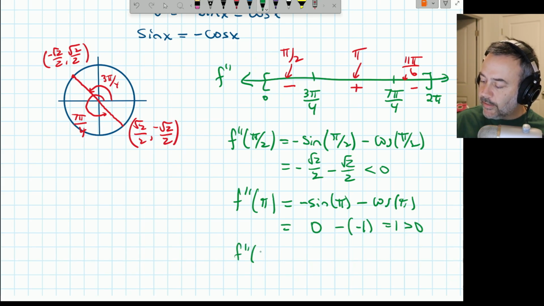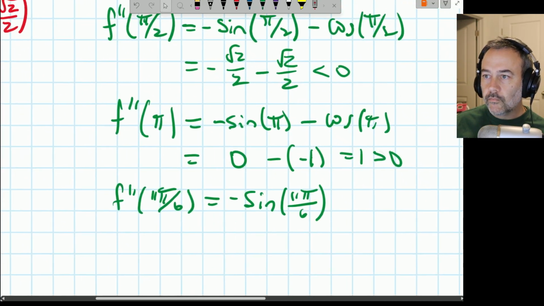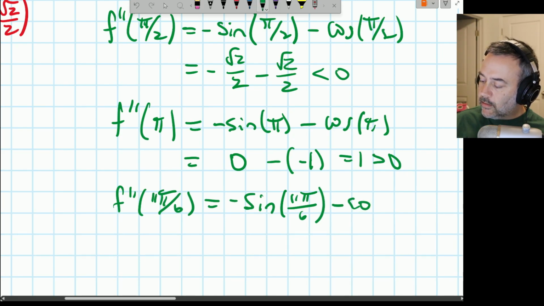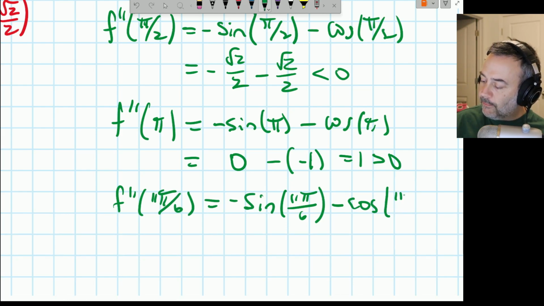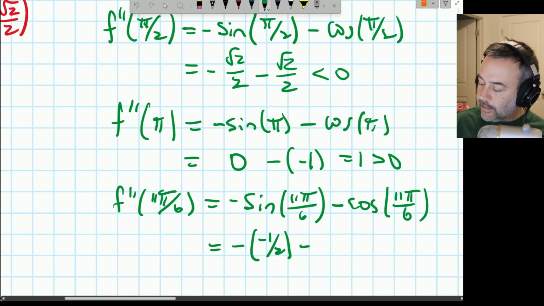And 11 pi over 6. We expect to get a negative answer, but we'll just check. Negative sine of 11 pi over 6 minus cosine of 11 pi over 6. And let's see, that is negative negative 1/2 minus the cosine of that angle, which is going to be root 3 over 2.